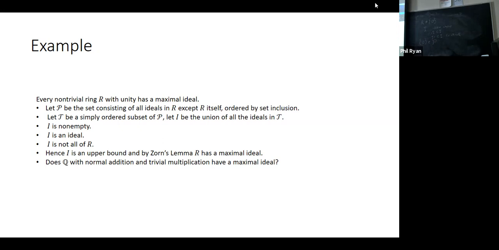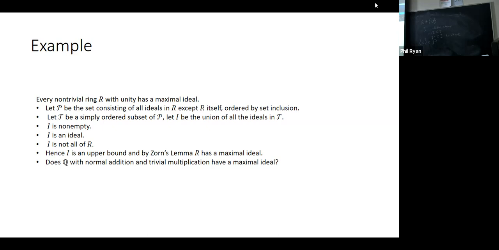Secondly, I is an ideal. Okay, so what have we got to show? We've got to show that it's an additive subgroup. So if we've got 2 elements of I, then there must be elements in something in the chain.